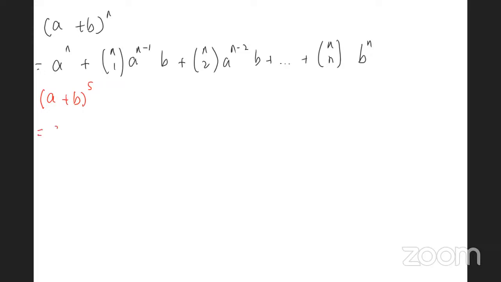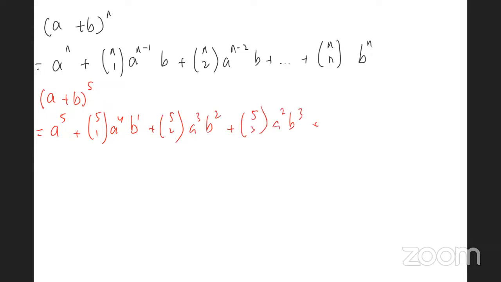So that'll be a^5 + 5C1 a^4 b^1 + 5C2 a^3 b^2 + 5C3 a^2 b^3 + 5C4 a b^4 + 5C5 b^5, right? Check it out and see.